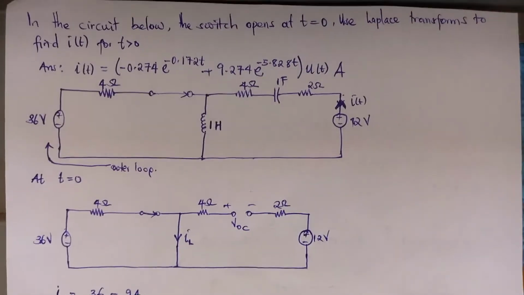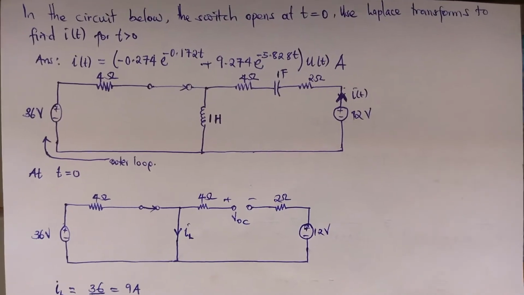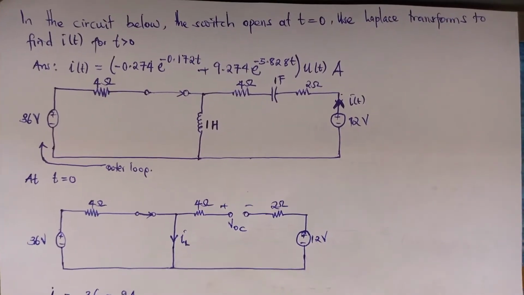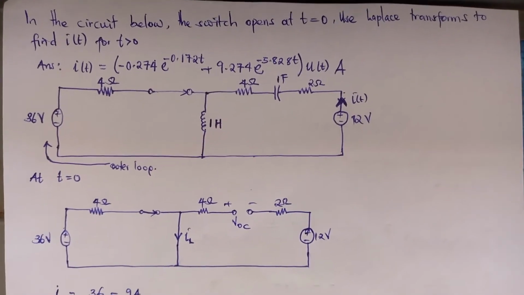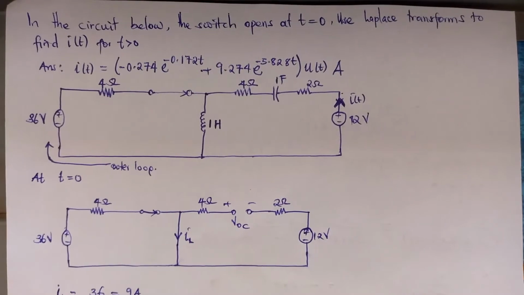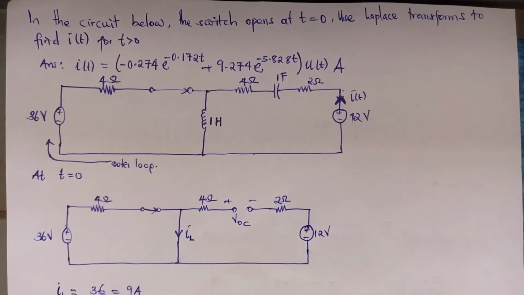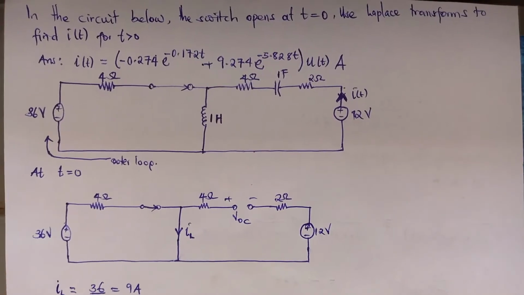Here we have inductors and capacitors. In most cases, in transient circuit analysis, we deal with capacitors, where we have rate of change of current, and inductors, where we have rate of change of magnetic flux.